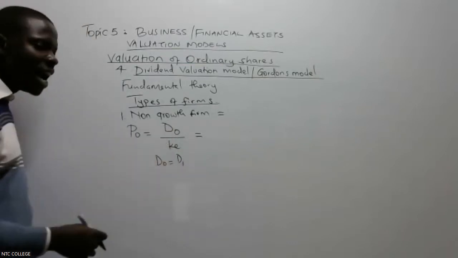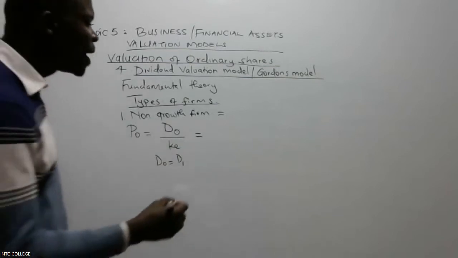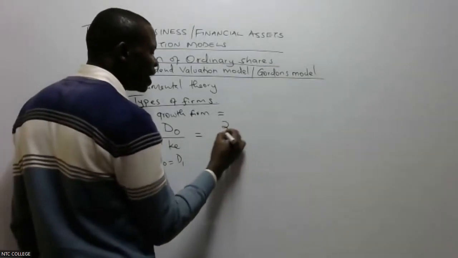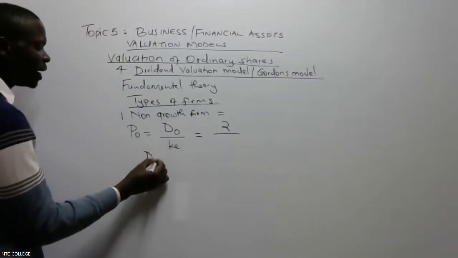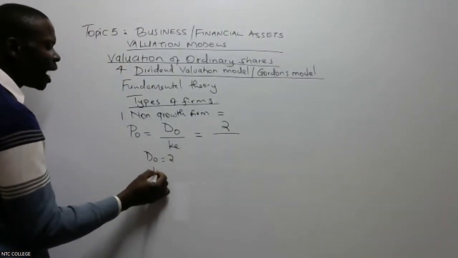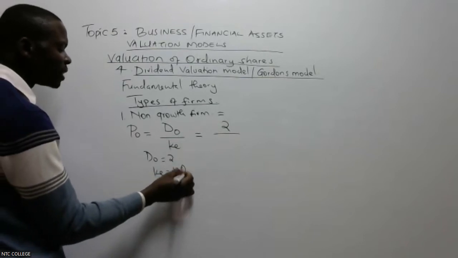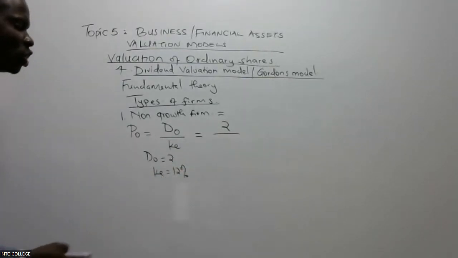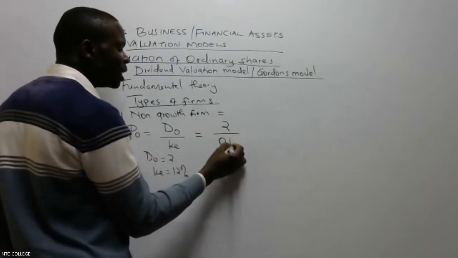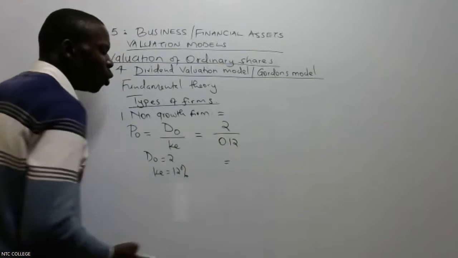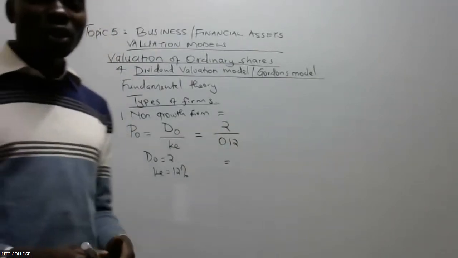So our D0 is 2 shillings, and our KE we've been told is 12%. So you take 2 divided by 0.12. What are we getting as our solution there?